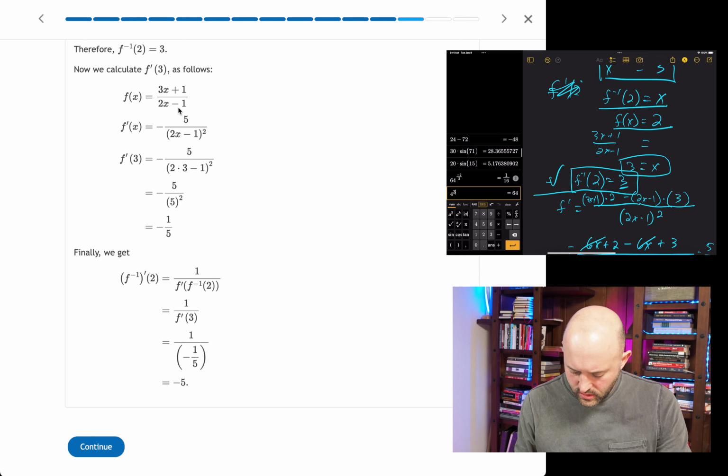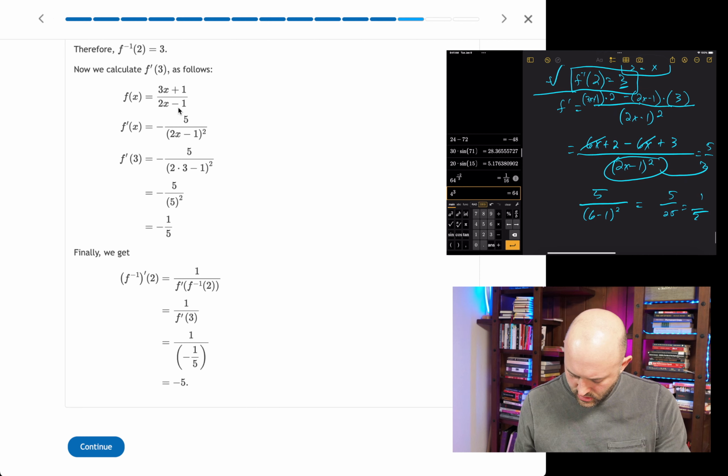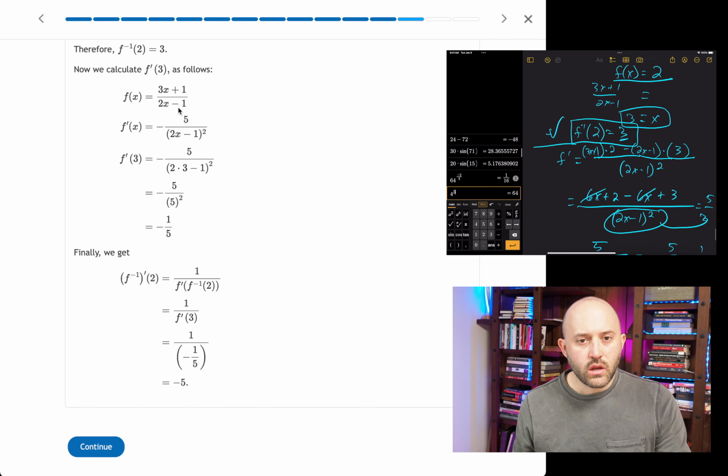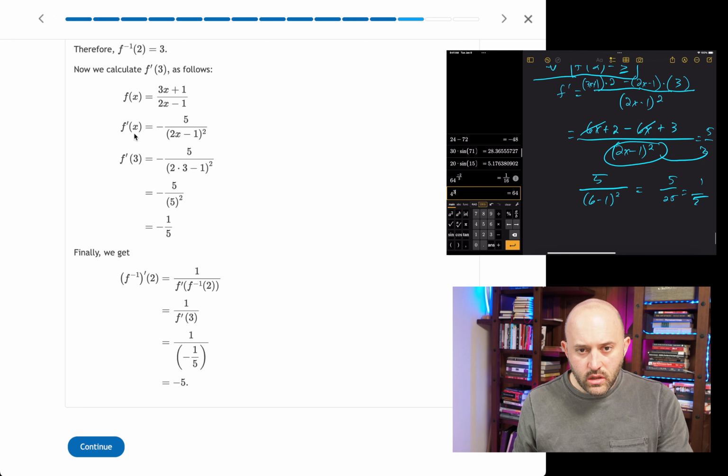Now I calculate f prime of 3, which is 5 over 2. It's negative 5 over (2x minus 1). Okay, so I have the minus sign wrong there. But then I just plug in 3, so it should be minus 1/5.